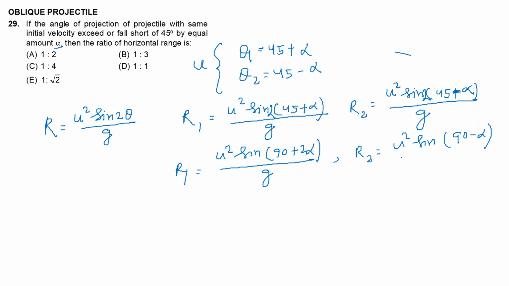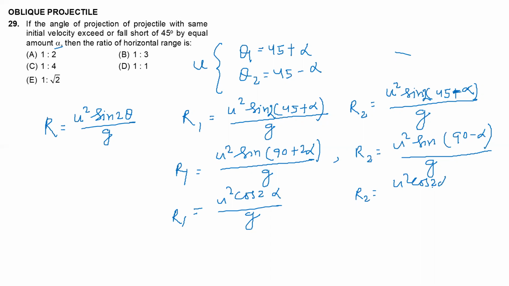Sine 90 plus theta is cos theta. Sine 90 minus theta is also cos theta. So we could write here, R1 is equal to u square cos 2 alpha divided by g. And R2 is equal to also u square cos 2 alpha divided by g.